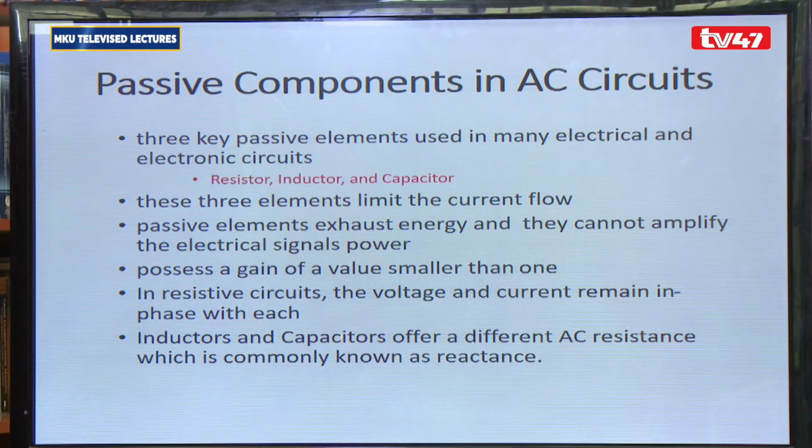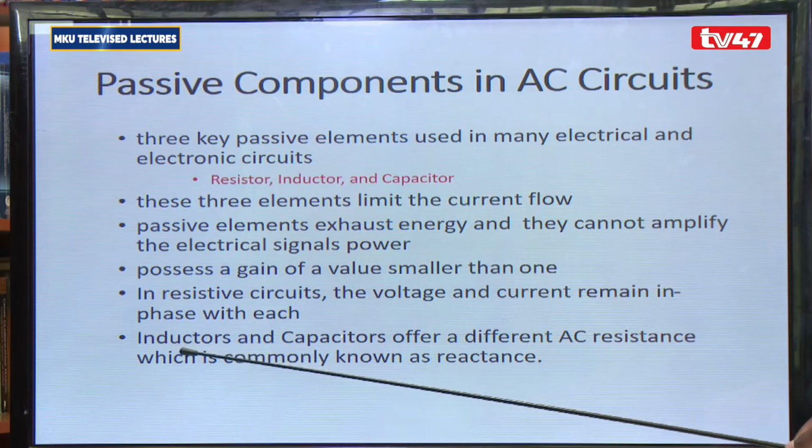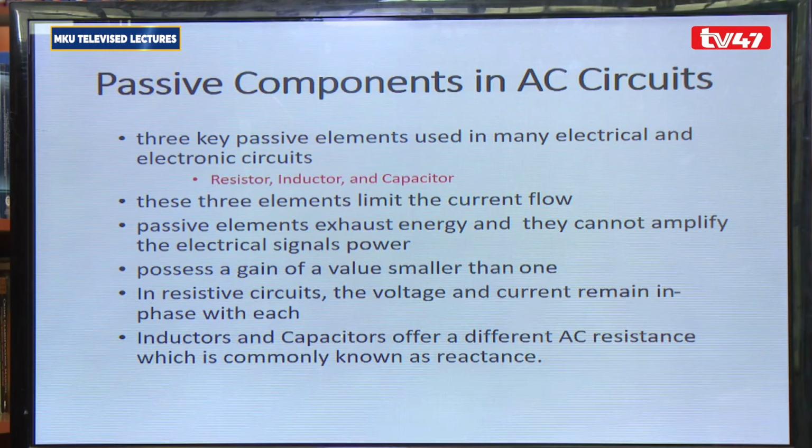We have capacitive reactance, and we have inductive reactance. These two passive elements are affected by the supply frequency, unlike the resistance, whereby if the frequency changes, the value of the reactances also changes, as we are going to see later.